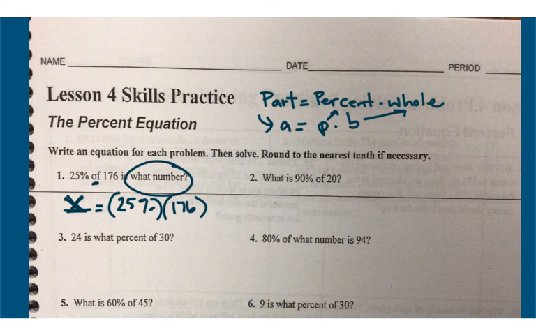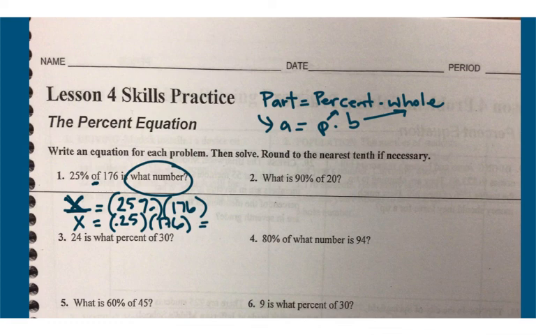Now, when we actually solve this, we need to remember that 25% as a decimal looks like that, 0.25. So we're multiplying 0.25 times 176, and that will give us our part.